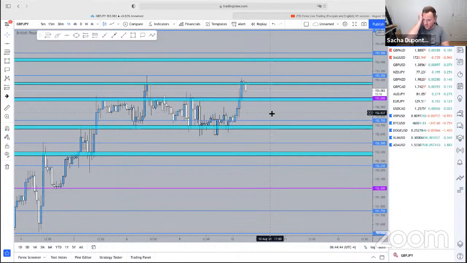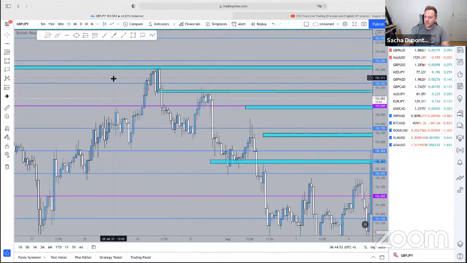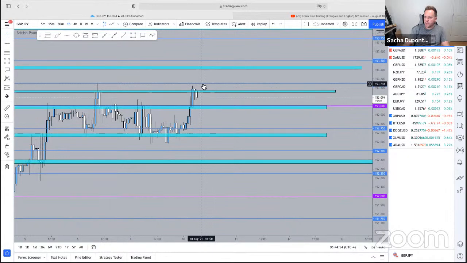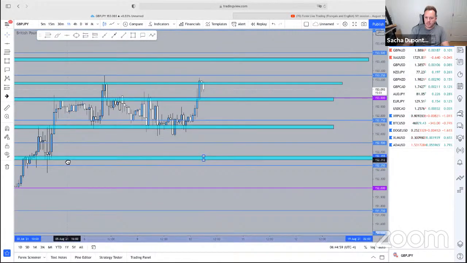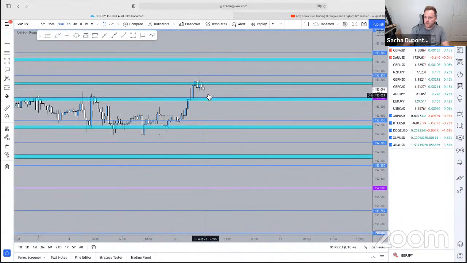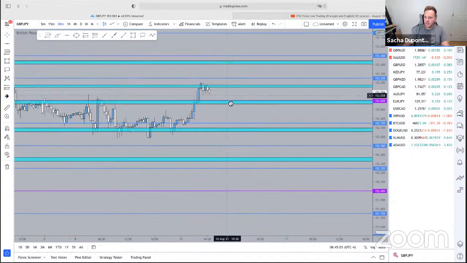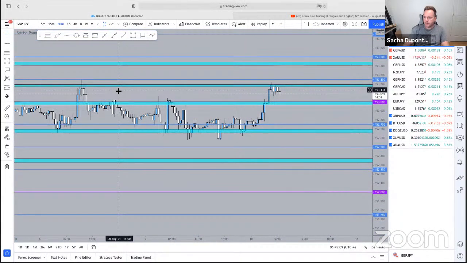Yep, this was good. All right, so let's see now we're rejecting exactly the same area. So that 250, I'm telling you, this 250 is key. So yeah, I want to make sure we go above here. Let's see if we can get a break and retest. Perfect. 30 minute. So this is our new zone. So I'm gonna update that.